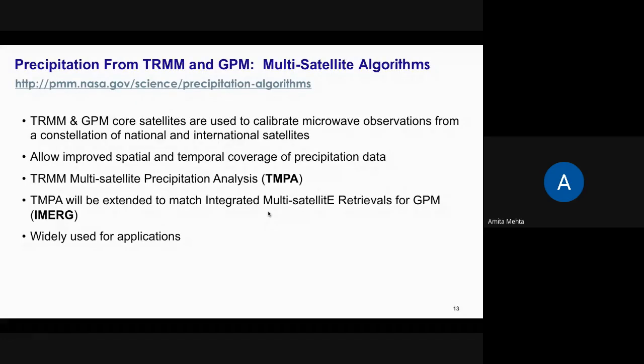If there are data gaps at higher latitudes, then infrared observations are used to fill those up. This is a very important data set if we want to work with a long-term precipitation record. It is already used for many applications, especially for hydrologic model forcing and flood model forcing also.